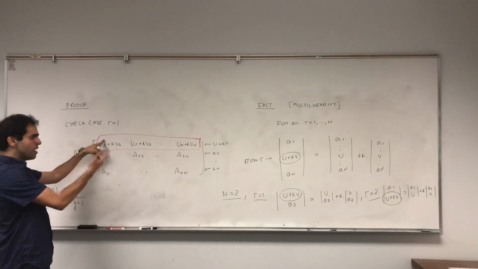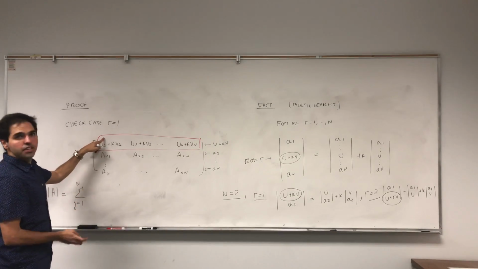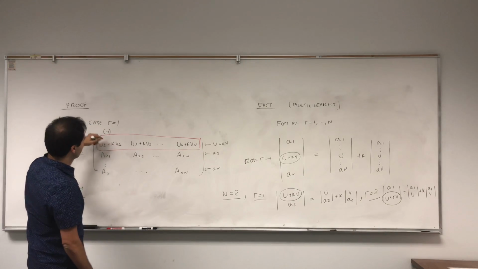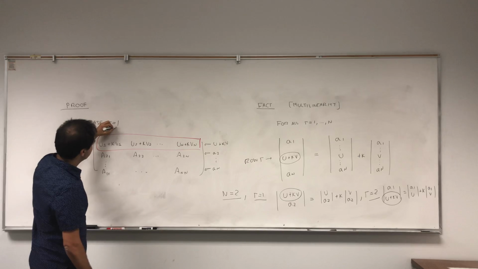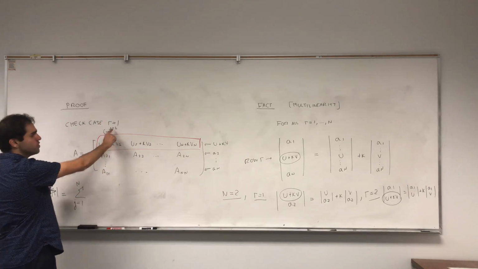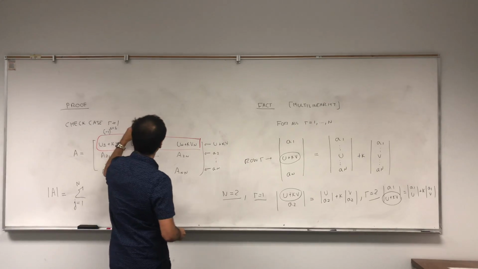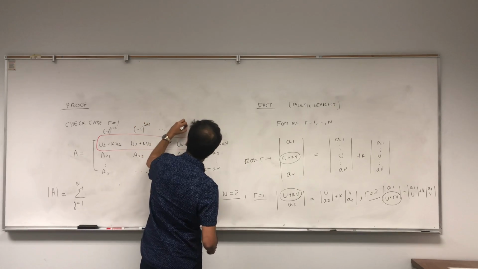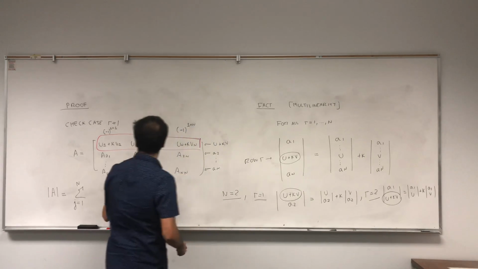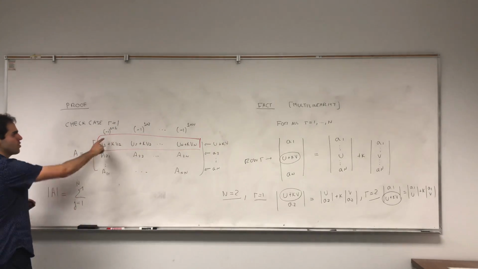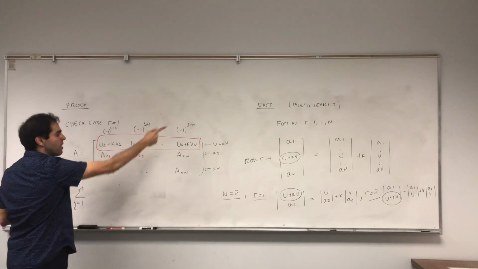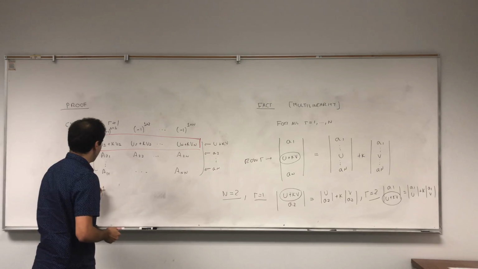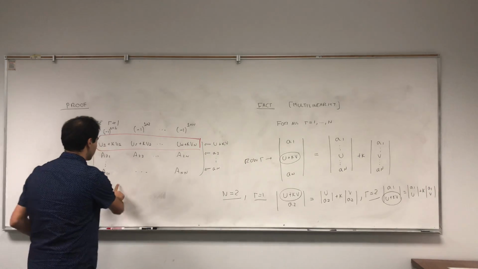Remember how the determinant is defined: you have a bunch of pluses and minuses. You start with the first entry, so plus is minus 1 to the 1 plus 1, then minus 1 to the 1 plus 2, up to minus 1 to the 1 plus n. This is the perfect way of describing plus, minus, and so on. So minus 1 to the 1 plus j.